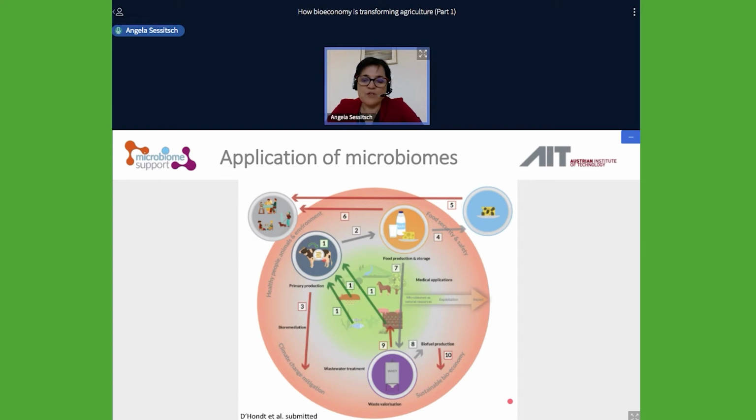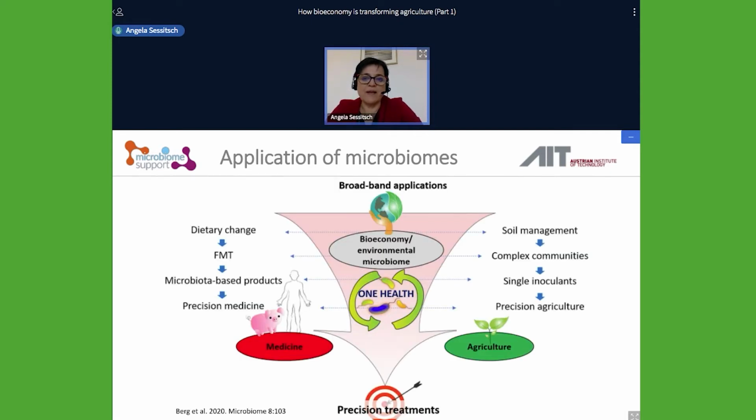So if you use, for instance, animal feed which derives from a waste degradation process, this may affect the animal microbiome, for instance, of cows, and this may also impact the quality of dairy products, which is again consumed by humans, and this may again have an impact on our human gut microbiome and consequently on our health. So there are a number of applications, and we know there are applications in medicine.